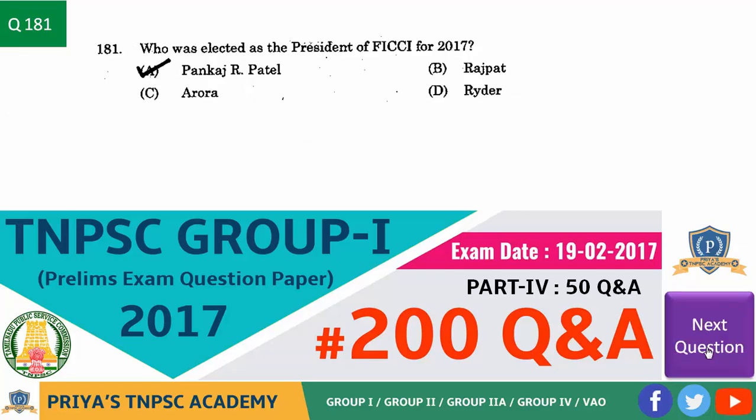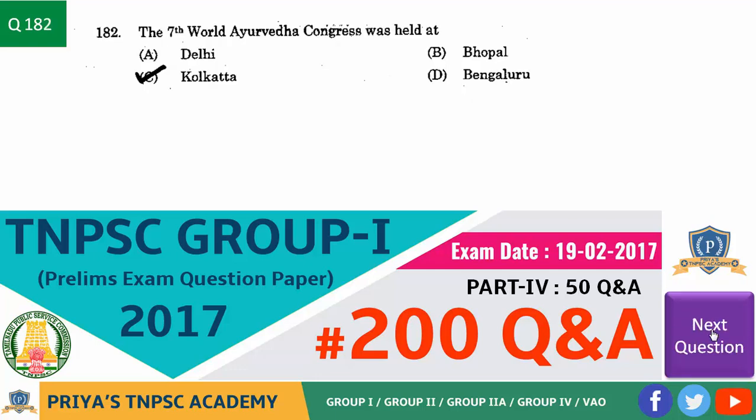Next question. Who was selected as the president of FICCI for 2017? Answer is option A, Pankaj R. Patel. Next question. The 7th World Ayurveda Congress was held at. Answer is option C, Kolkata. Next question.